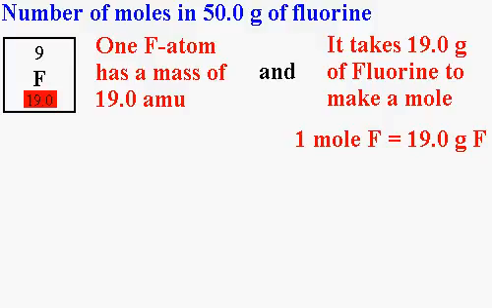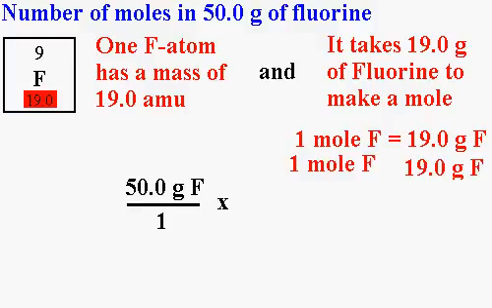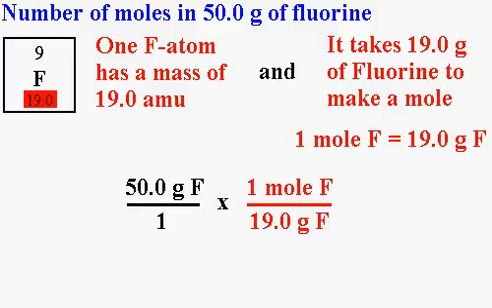All right, well, if that's a conversion relationship, then doing the conversion is pretty simple. We take the number we have, 50.0 grams of fluorine. We put it over 1 to make it a fraction. Then we multiply by 1. But the expression we're going to use for 1 comes from this conversion relationship. All right, now I want grams of fluorine to cancel. So 19.0 grams of fluorine is going to have to go on the bottom of this fraction.